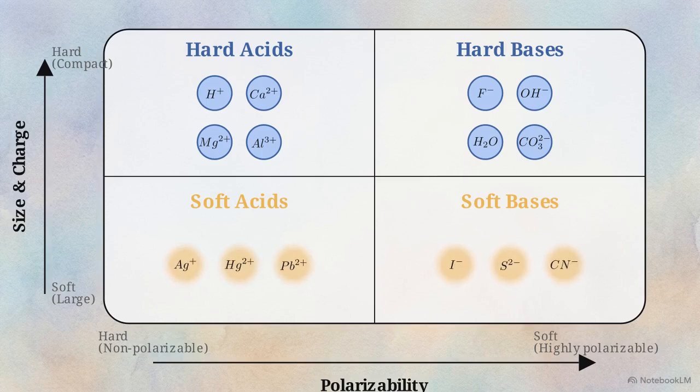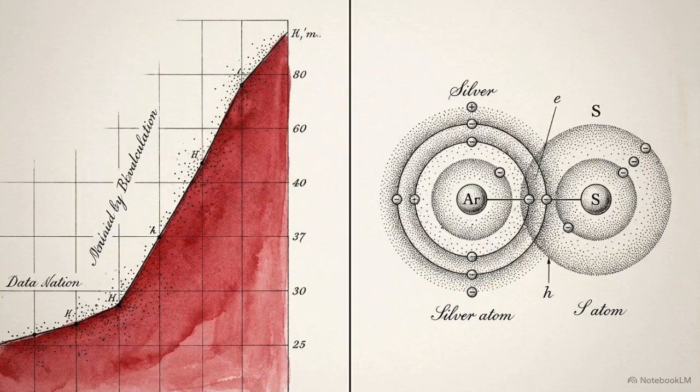They are larger, with massive, easily distorted electron clouds that are highly polarizable. This classification leads to a highly effective predictive rule. Hard acids prefer to bind with hard bases, and soft acids prefer to bind with soft bases. Grasping polarizability requires a steep learning curve. But applying this pairing logic is the most reliable way to predict stability in complex inorganic chemical systems.